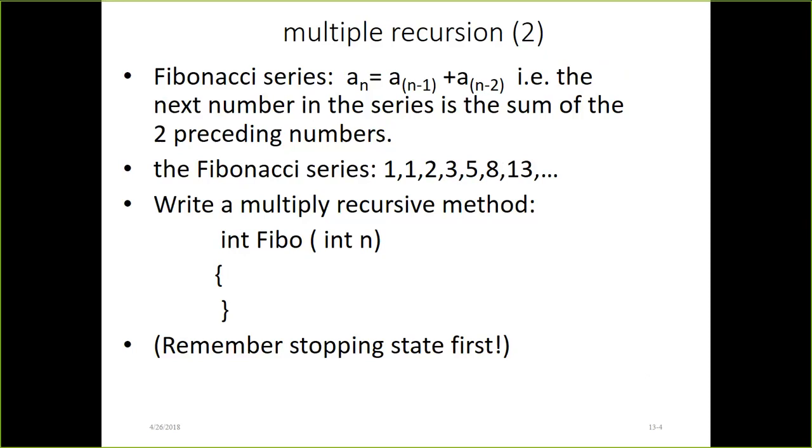For instance, this is the first Fibonacci number. This is the second. This is the third. This is the fourth. This is the fifth. This is the sixth Fibonacci number. So this one will return the nth Fibonacci number.